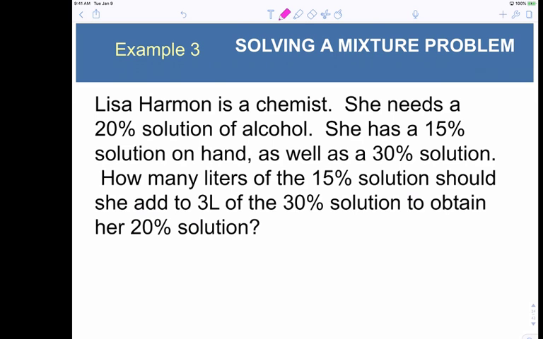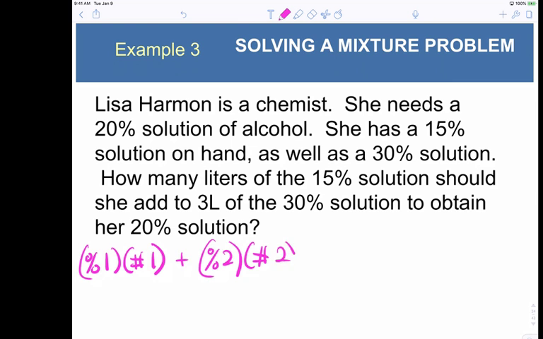Percent 1 times amount 1, plus percent 2 times the amount of substance 2, equals the final percent, percent F, times the final amount. That's all that I'm doing, right?